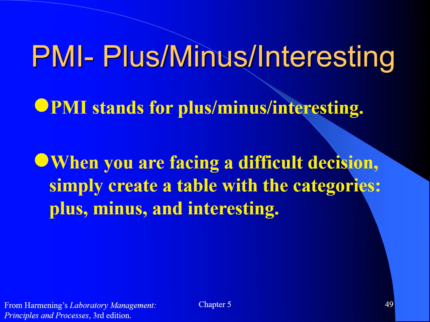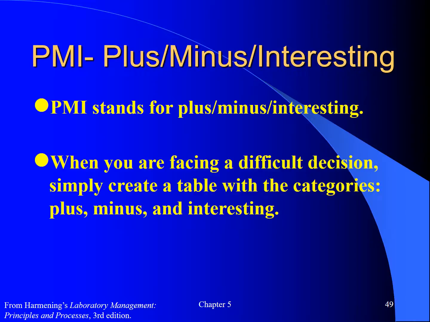PMI is a valuable development of the pros and cons technique which has been used for centuries. PMI is a basic decision-making tool. In the column underneath the plus heading, write down all the positive points of taking the action. Underneath the minus heading, write down all the negative effects.